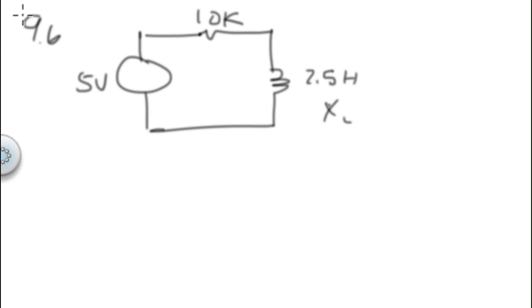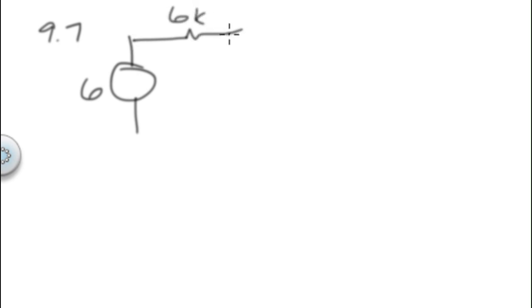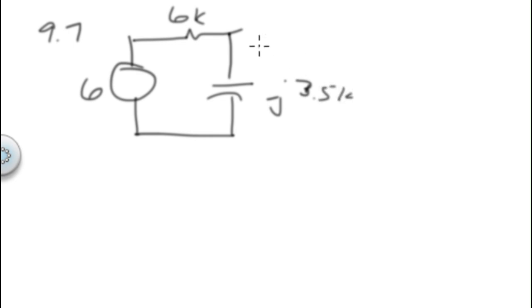But in this case, on 9.7, I would Thevenize the 6K up here and the X sub C, which is minus J 3.5K. The way you Thevenize that is you find the voltage across and the resistance, and then you can go back and find the current through the L much easier. So that would be my suggestion.